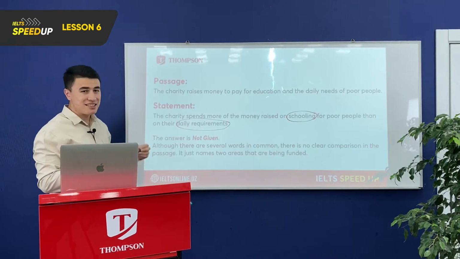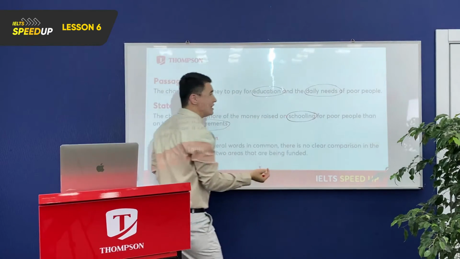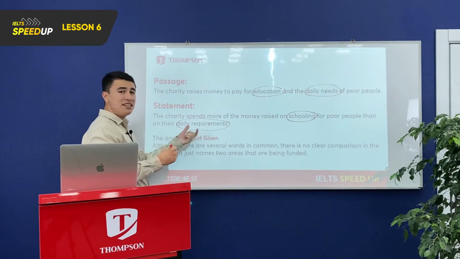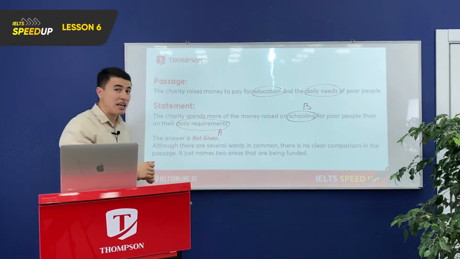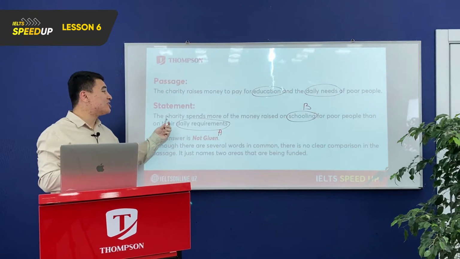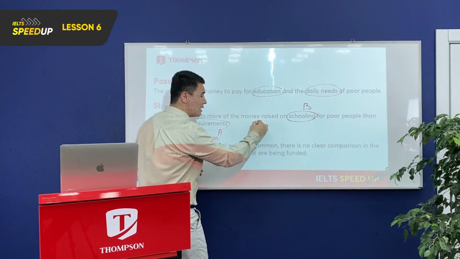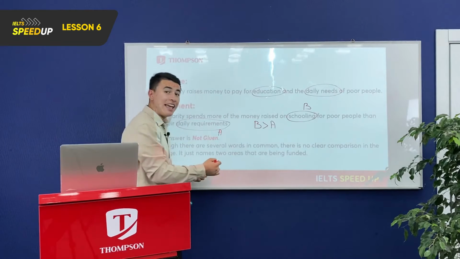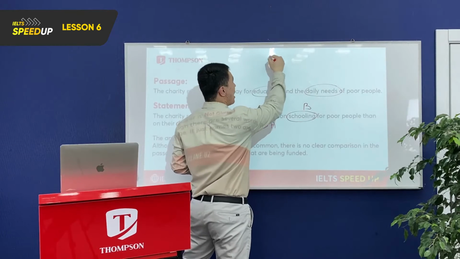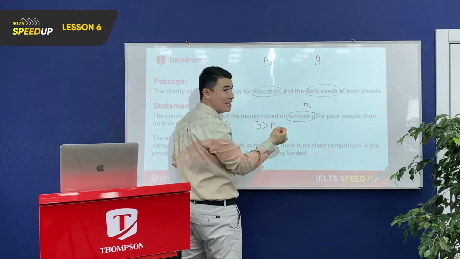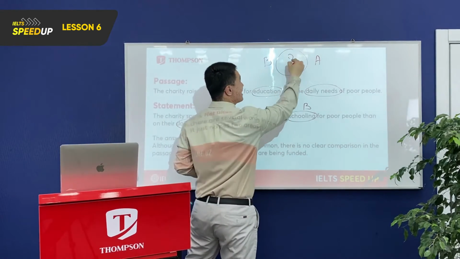And in the passage we can see education and daily needs. Now let's take daily requirements as A and schooling as B. According to the statement, the charity spends more of the money raised on schooling, so B is greater than A. But in the passage we have information both about A and B, but their relationship is not clarified.